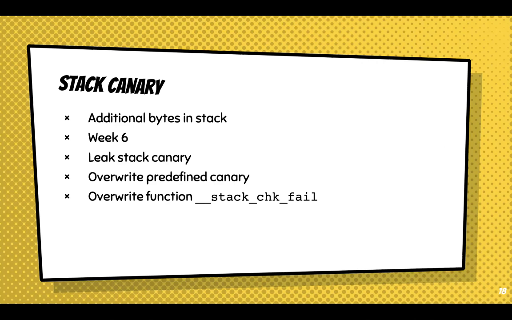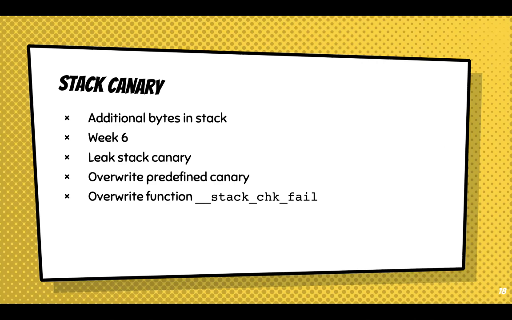And then the last one is to change the function stack check fail. Stack check fail will be invoked when the stack canary fails, like when there is a mismatch between the value put into the current call stack and the predefined canary. So you can also figure out where stack check fail is, and then change that function pointer to somewhere else.